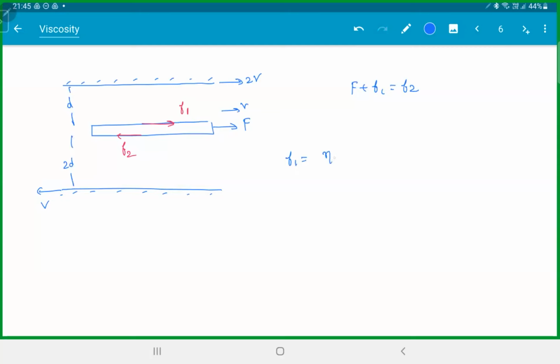So F1 will be eta, area, relative velocity between the layers, that is 2V minus V, by distance between them. F2 will be eta A, relative velocity is V minus of minus V, by 2D. This thing will be eta A V by D. This also is coming eta A V by D. Luckily both are equal, so F is 0. Means you need not apply any force, it will go automatically on its own.